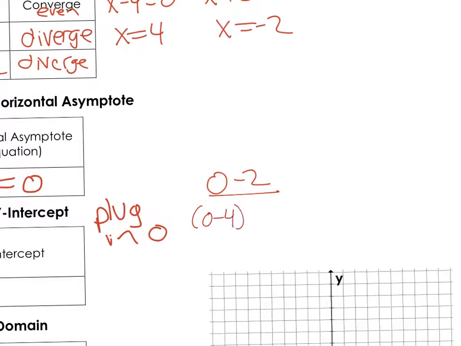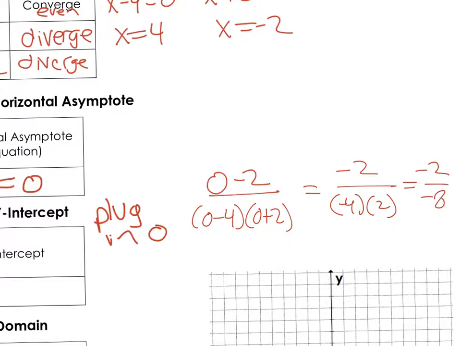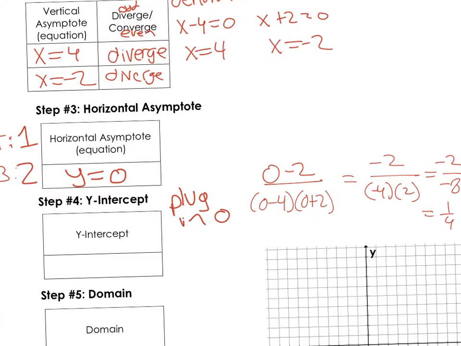Well, the top is negative 2, and the bottom becomes negative 4 times 2. We multiply. So it's negative 2 over negative 8, which is positive 1/4. So my y-intercept is the point, always a point, (0, 1/4).